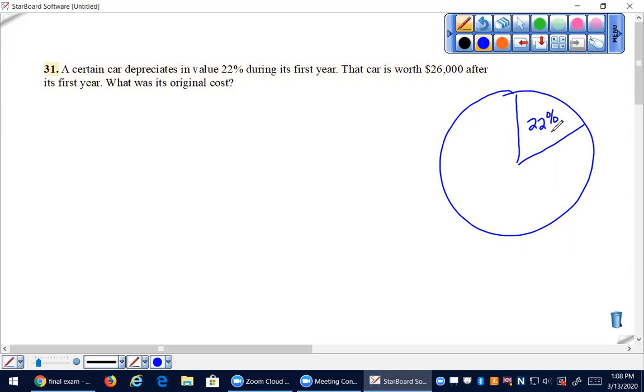What percentage? Don't we just divide this one? No, it's not as easy as you think. The whole pie is 100%. So if the slice is 22, 0.22, what percent goes here?